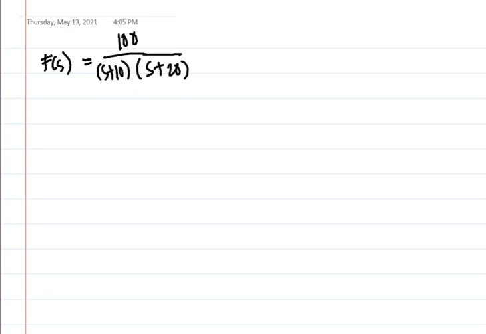Based on the knowledge of Laplace transform, since we have two functions in the denominator, we will have to decompose it. So we have s plus 10, we have s plus 20. Next, since this is linear, the numerators are constants. So we have A and we have B here.